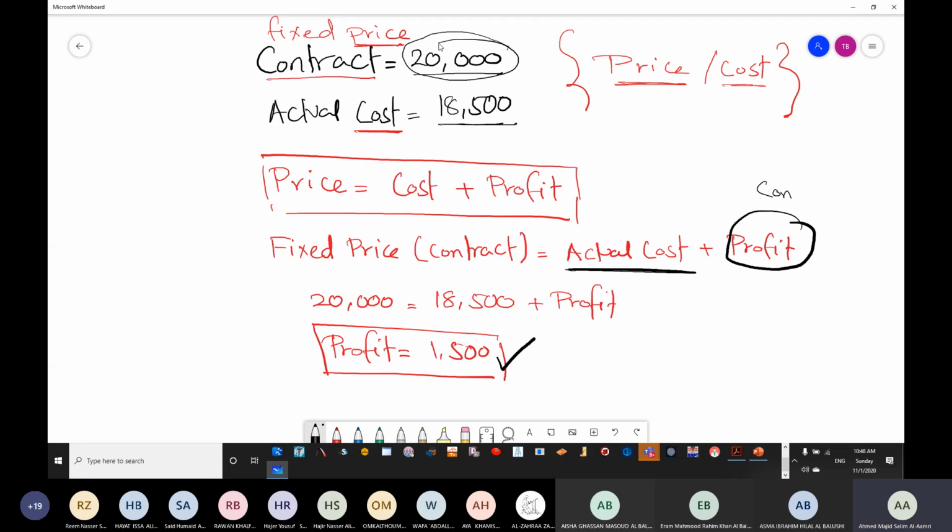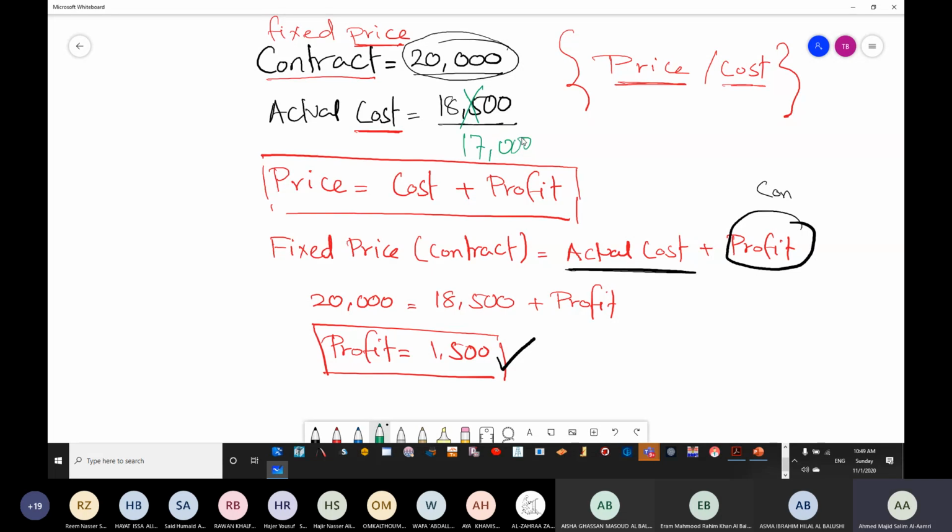Now instead of 18.5, the actual cost became 17,000. Will my payment change? Will the value that I'm paying change as an owner? Or is it going to remain the same at 20,000?